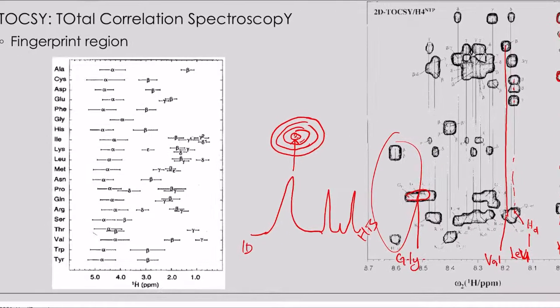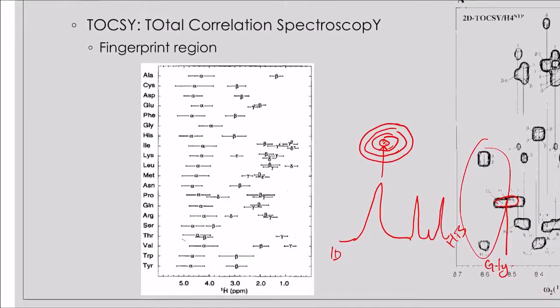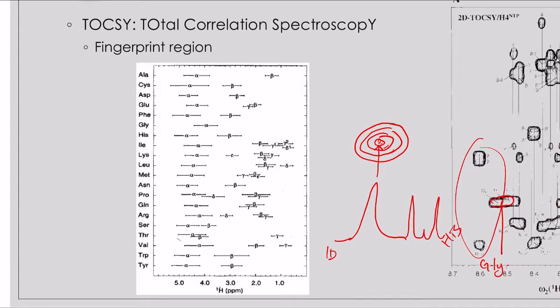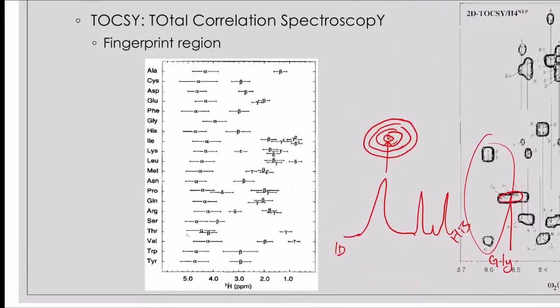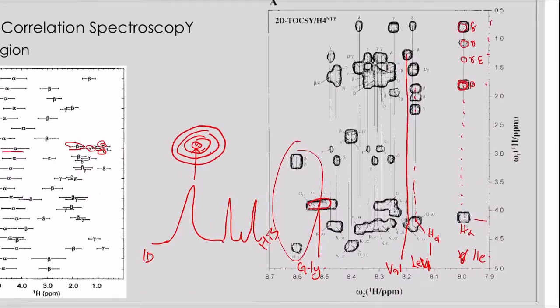This is just a summary of how the fingerprints look. We've looked at valine, for example. Wait, the first one was isoleucine. If you look at isoleucine here, you have your alpha, and then your beta, gamma, epsilon, and delta, which are in close proximity, as you've seen here.